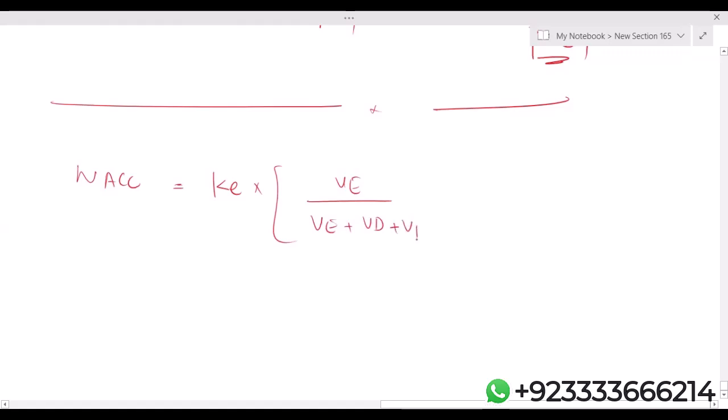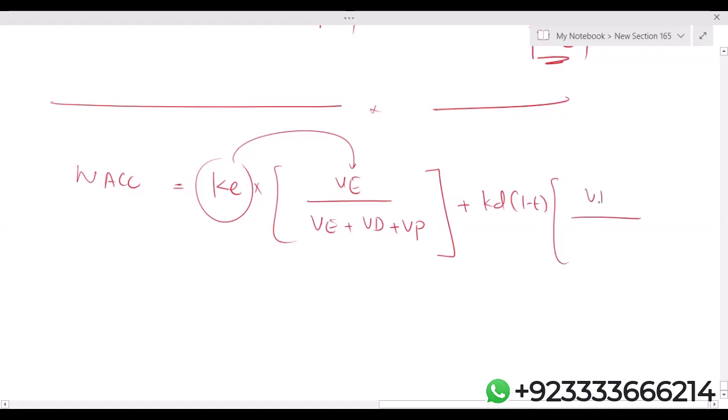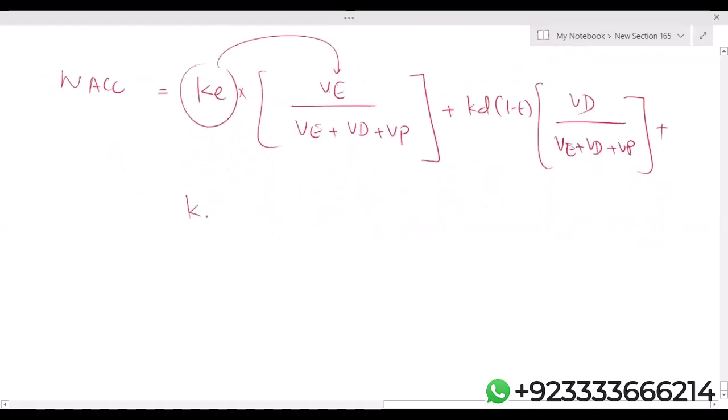If you have preference shares, which normally we do not have in our AFM, but if you have preference shares, take the VP as well. So KE VE plus KD (1 minus T) VD, market value debt, market value equity, debt, and preference shares. Then finally, you will have KP VP.